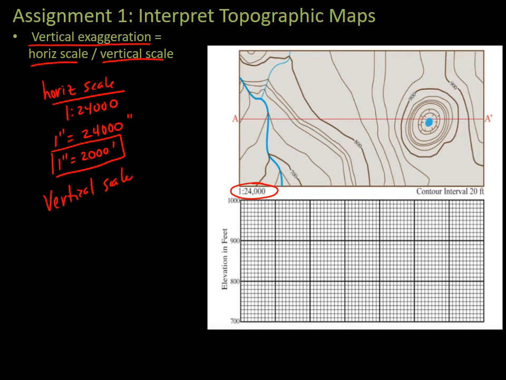This one we'll have to measure. So we go to our graph paper, and on the vertical axis of the graph paper there's a bunch of elevations here labeled 700, 800, 900, 1,000. So what we need to do is actually measure an inch on our graph paper and figure out how many feet that corresponds to. And so if I measure on this graph paper starting at 700, let's say an inch is that much. I didn't actually measure this.